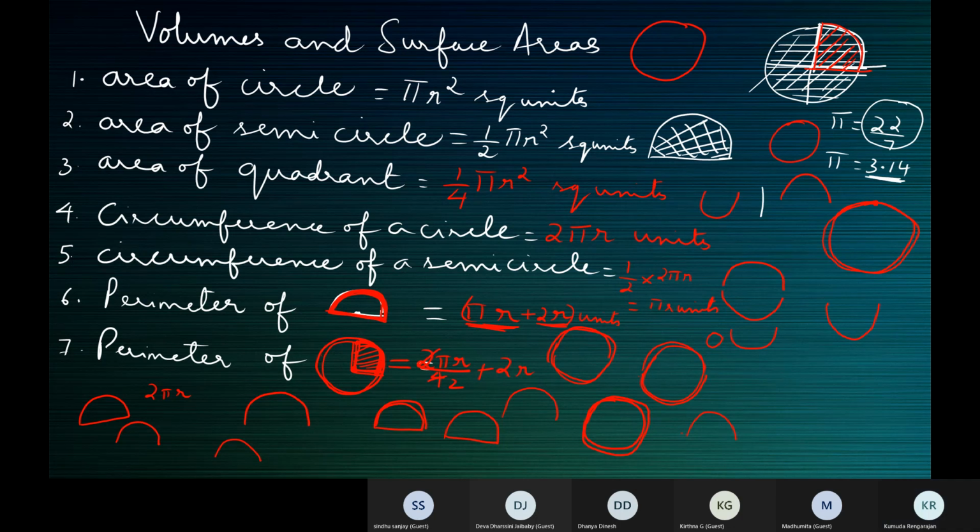Ma'am, we are not having this chapter in our book, ma'am. Why? Volumes and surface areas in NCERT, no? No, ma'am.